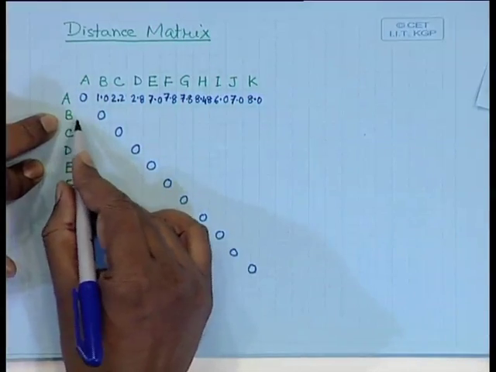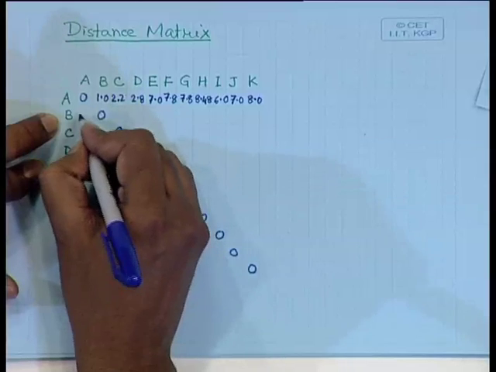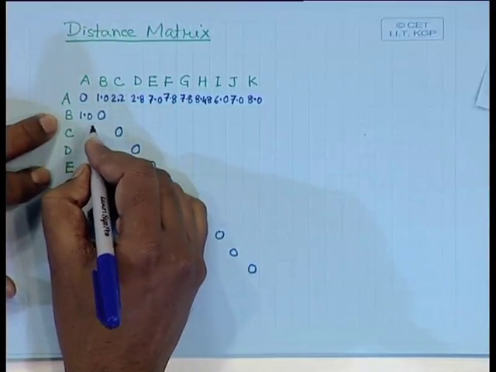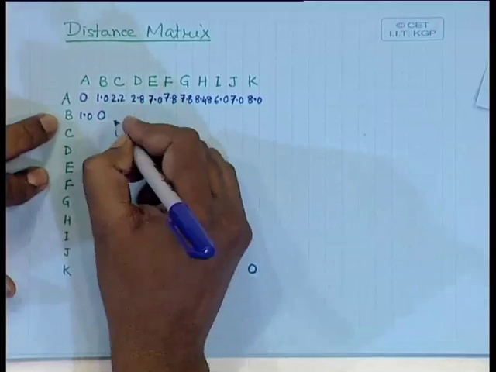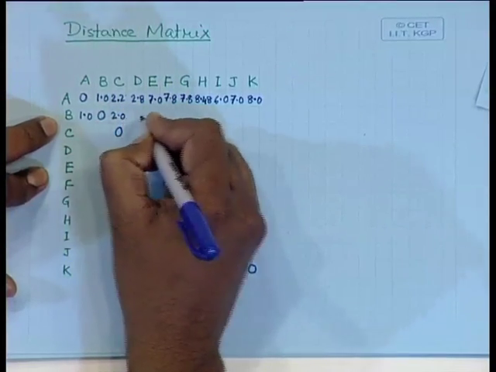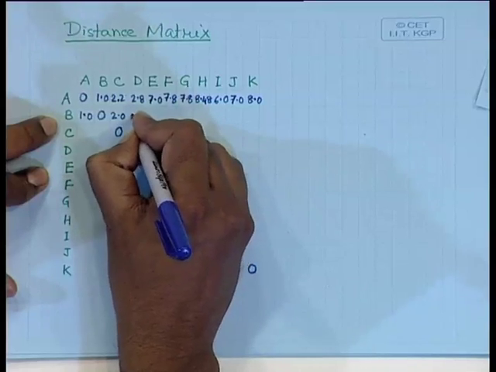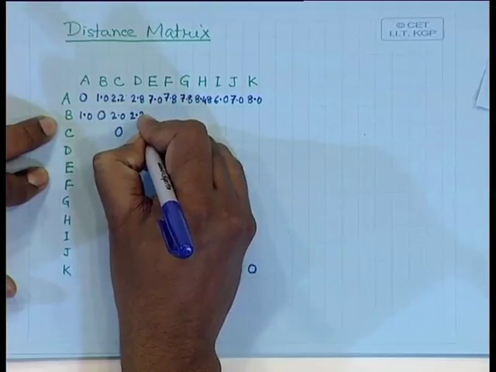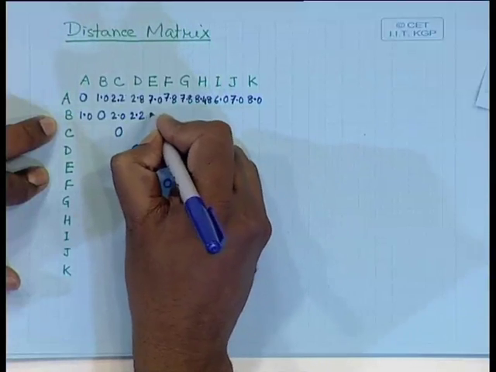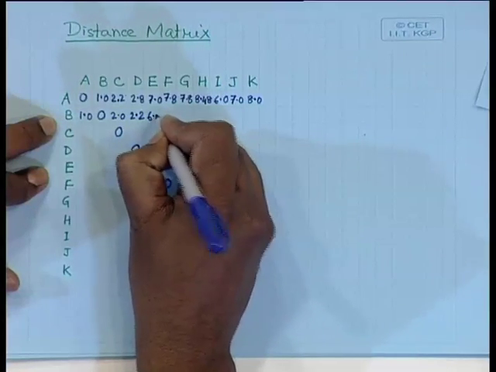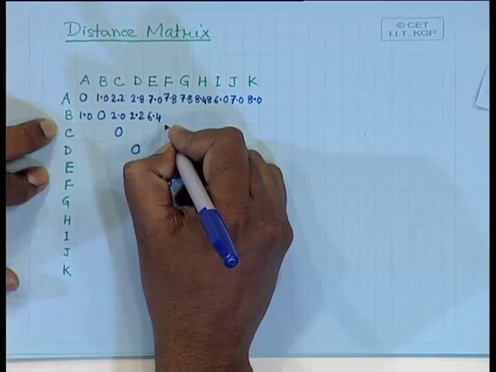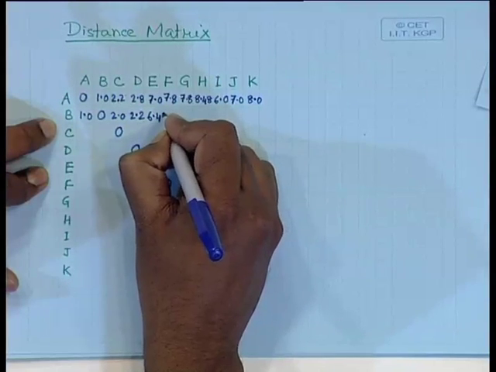Okay. So, between B and A, it will be the same 1.0. Between B and C, it will be 2.0. Between B and D, it will be 2.23. I am writing 2.2. Between B and E, it is 6.4. Between B and F, it is 7.07.